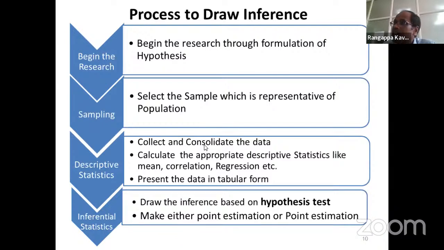I just emphasize one thing: the sample must be representative of the population. How you collect the sample is not important, but your sampling method must be scientific, and you should design it in such a way that the sample you select is a good representative of the population. That's it.